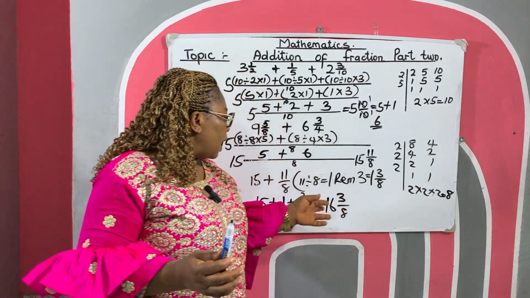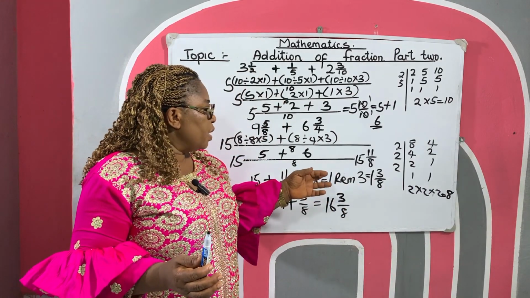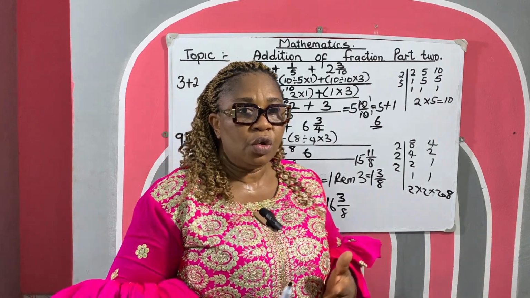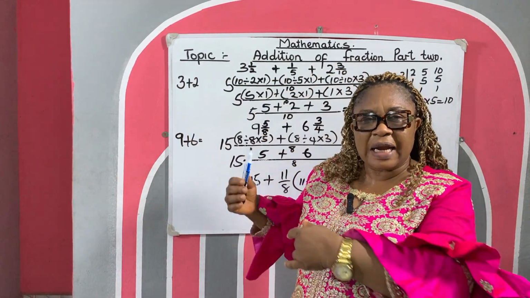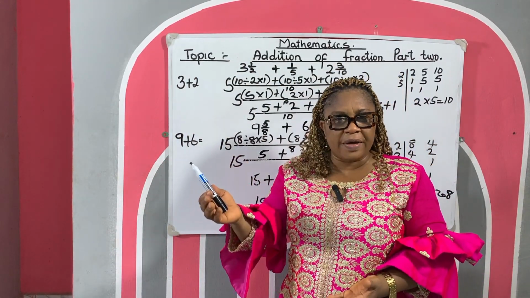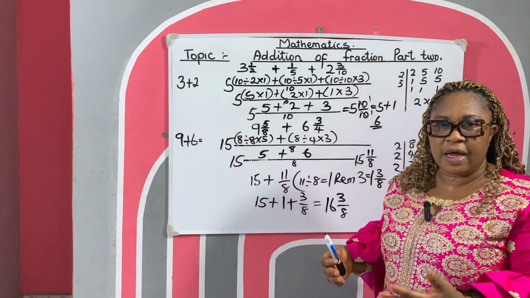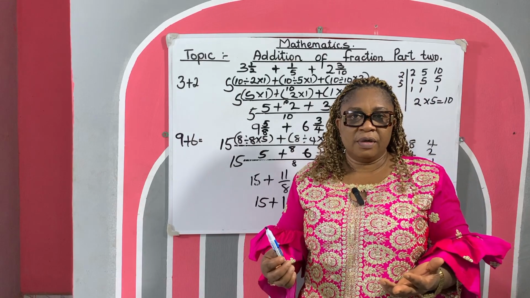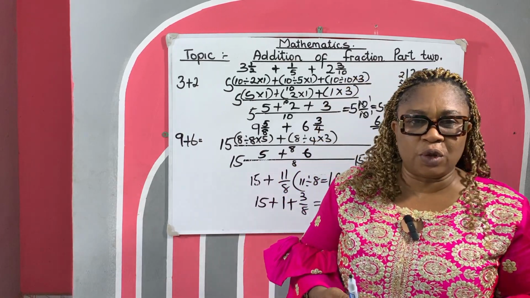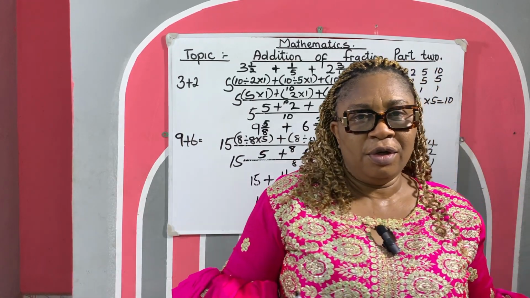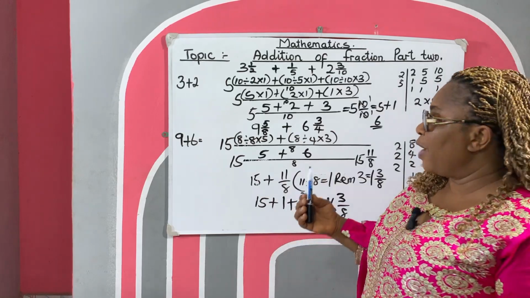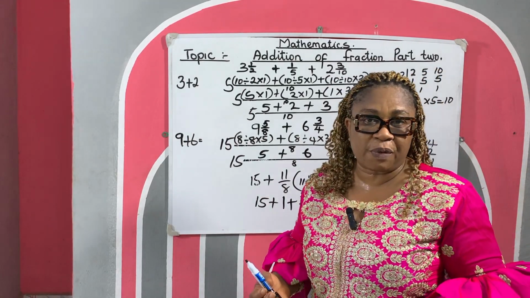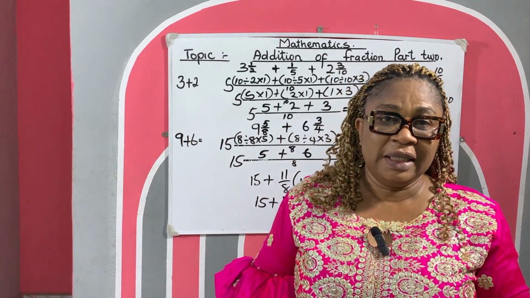And when you see a whole number mixing up with improper fraction, you have to change the improper fraction to mixed fraction and add the whole number to the whole number you get in the mixed fraction, and then the fraction remains the same, so that you don't get lost when you get to your answer section. You watch my video very well and you see how I did it. You're not going to fail addition of fraction again.